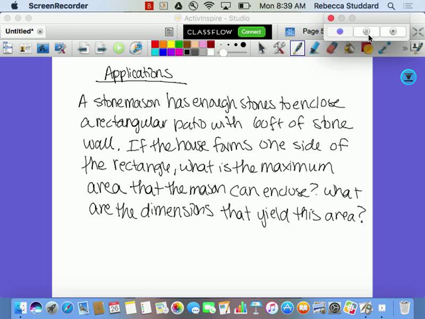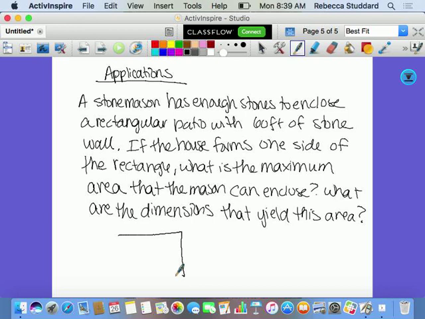So let's kind of draw that. Here's your rectangular patio. And it says that if the house forms one side, so we don't have to worry about this side, that's the house. Your book has a much prettier picture on the PowerPoint that comes with it of a house, but we're going to say this is the house. So we're not going to need any stone there.